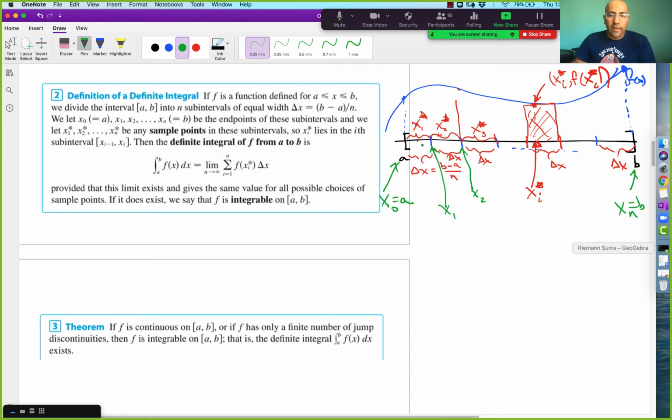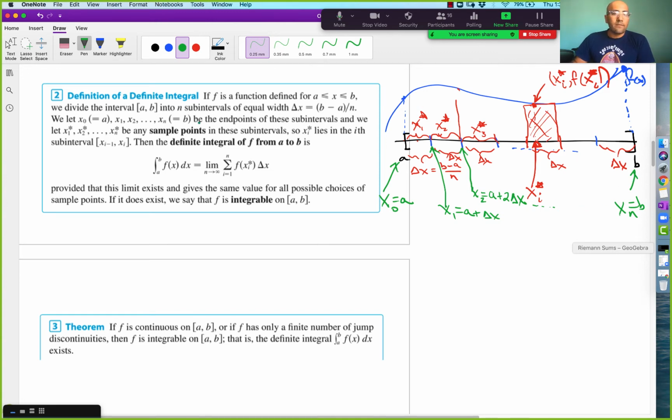And remember that because the widths are always delta x, it's true that x sub 1 is equal to a, wherever a is, plus 1 copy of delta x. Good. And x sub 2 is going to be equal to a plus 2 copies of delta x. And so on and so forth, until eventually you get to the end.